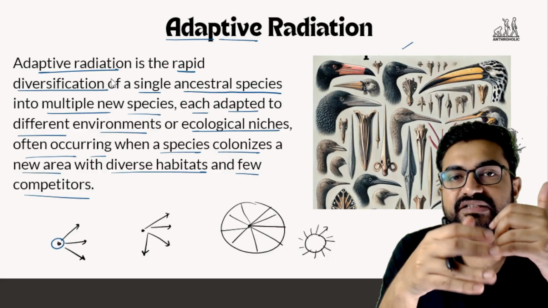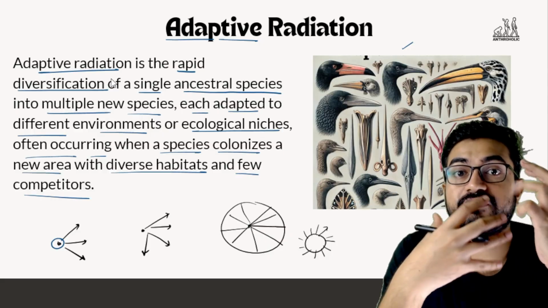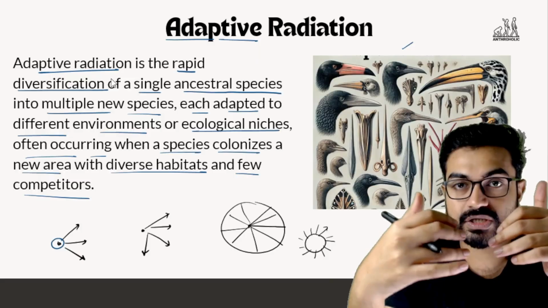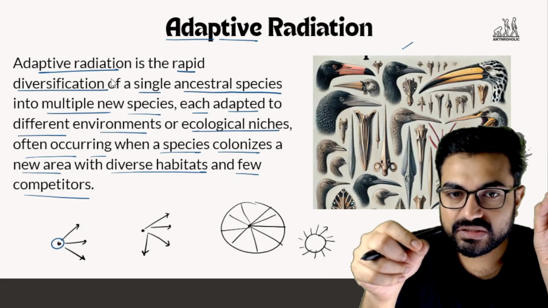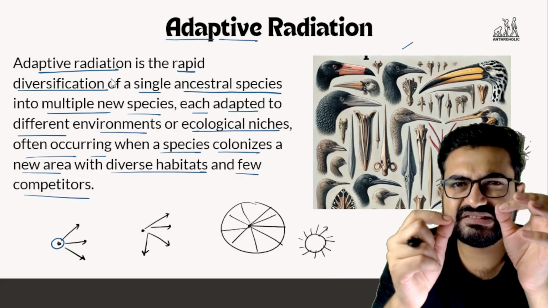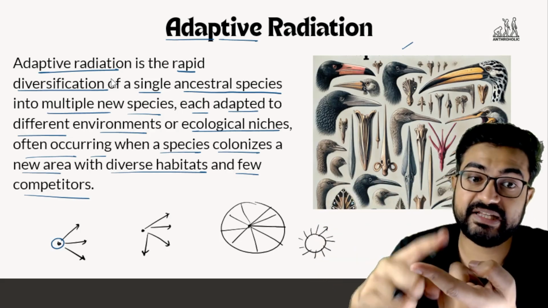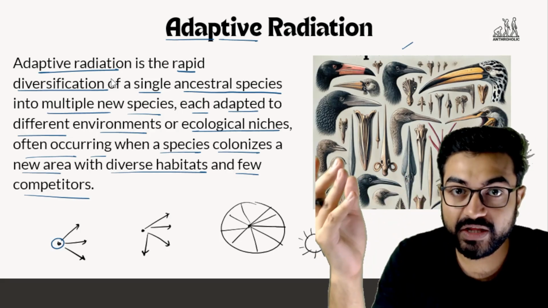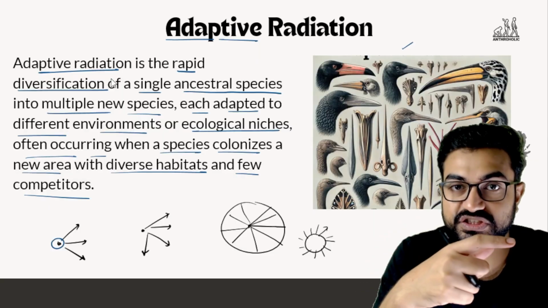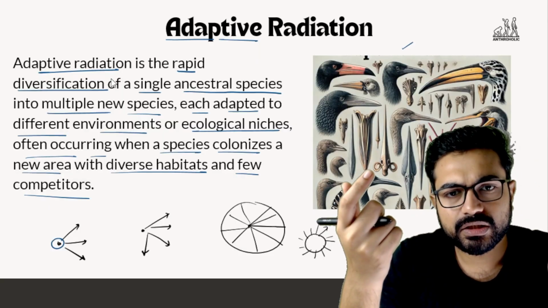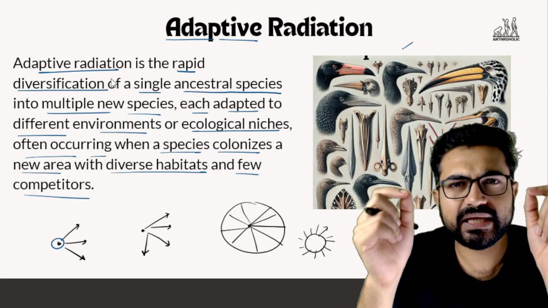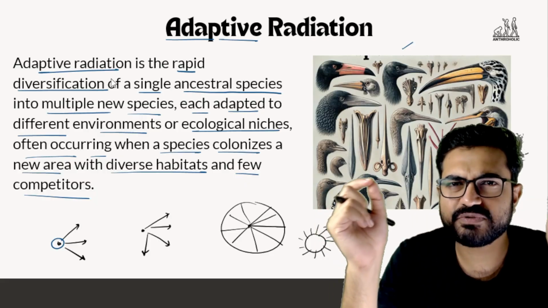Whereas some birds meant for fishing have different types of beaks to collect fish. Birds which feed on nuts and seeds have different kinds of beaks. There are birds which are flightless and birds which can fly. Birds are meant for flying, but then again, there are birds like ostriches which are not meant for flying. So there are so many diverse types of birds we see.